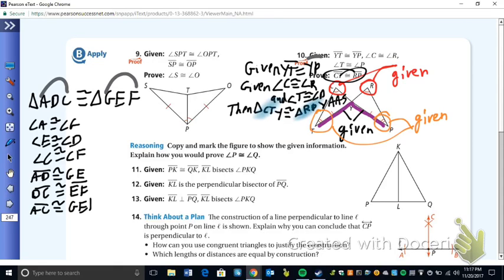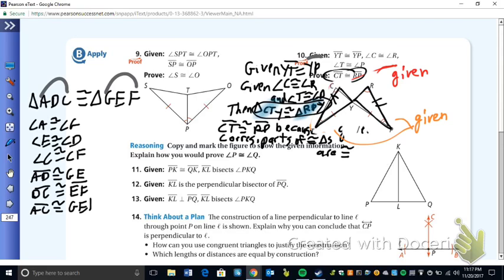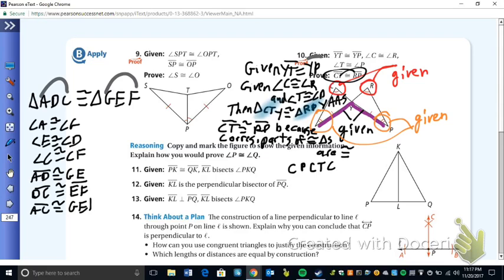Okay, so now that we have that, we can say that CT is congruent to RP because corresponding parts of congruent triangles are congruent. Remember that for that, you can also write CPCTC. Corresponding parts of congruent triangles are congruent.